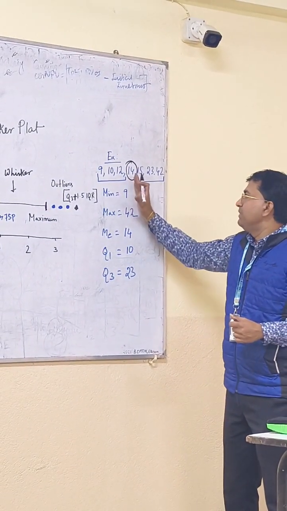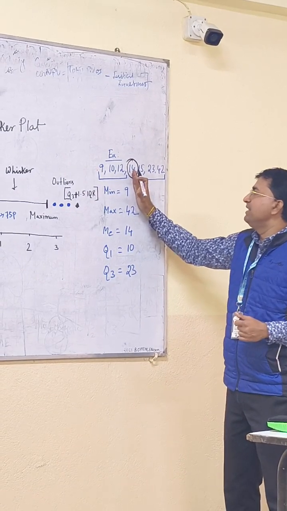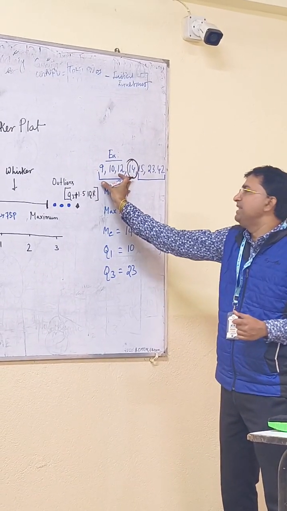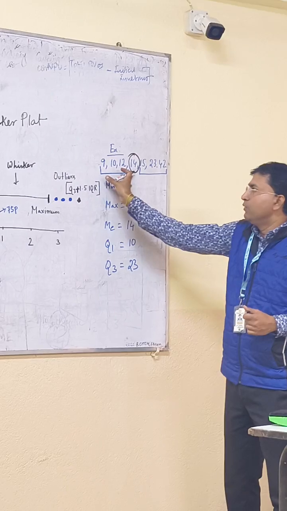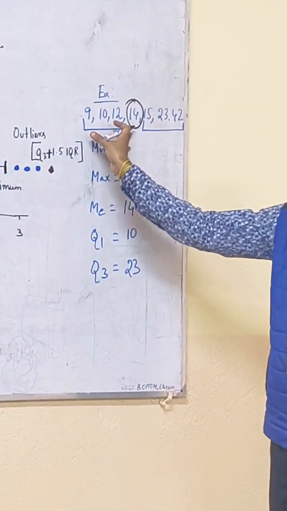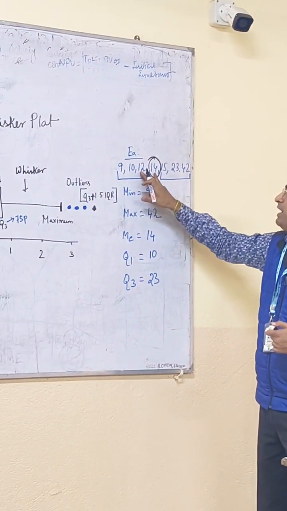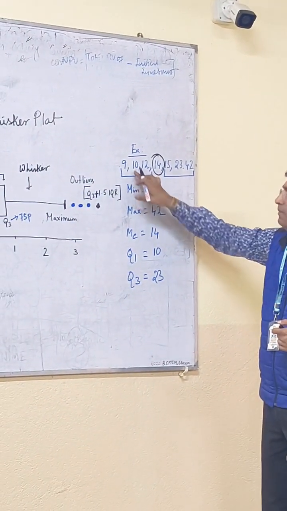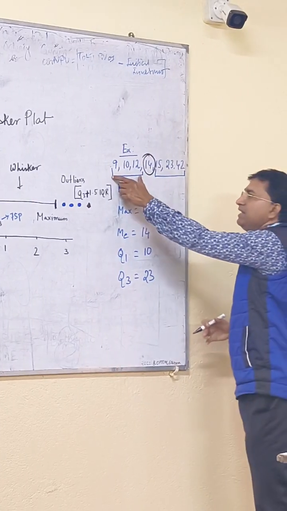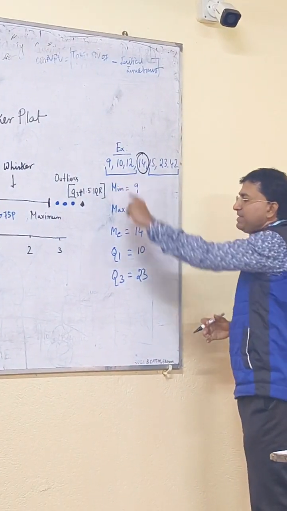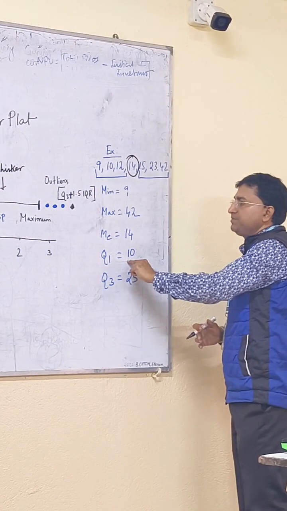Now, if the middle number or median is 14, then here we have 3 numbers in the lower half. The middle of this lower half is 10, which represents quartile 1.